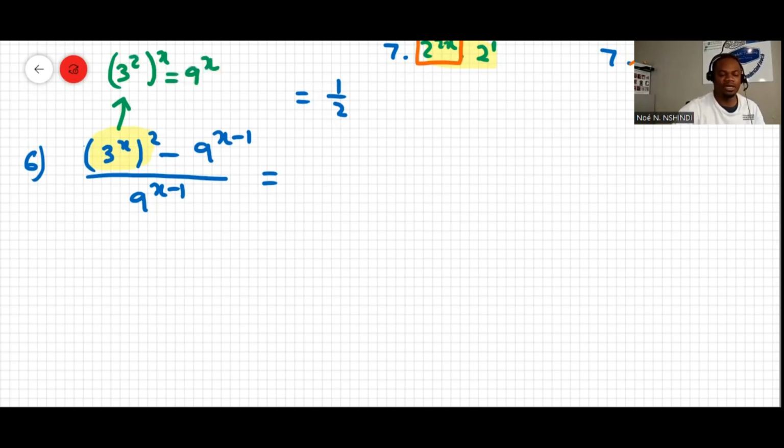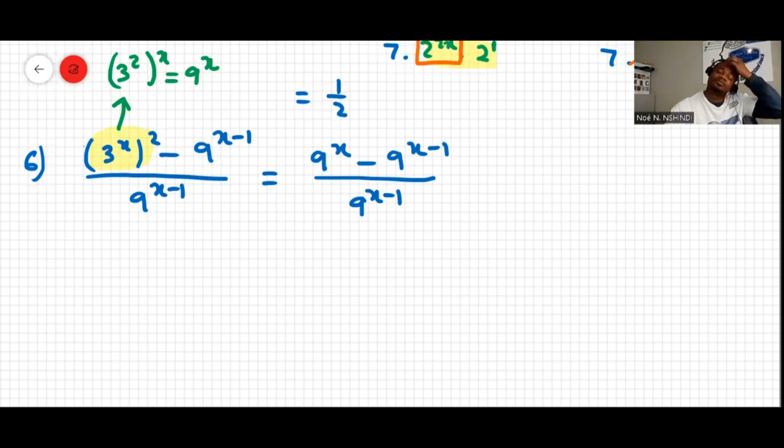So we can make it like 9 to the power of x minus 9 to the x minus 1 over 9 to the power of x minus 1. Now we need to find a common factor.